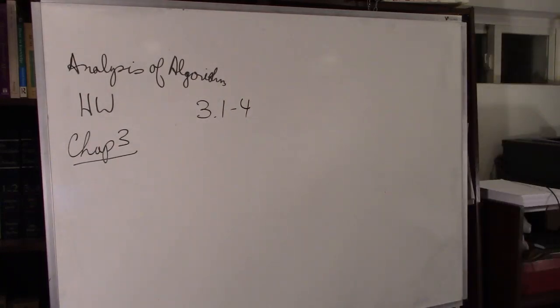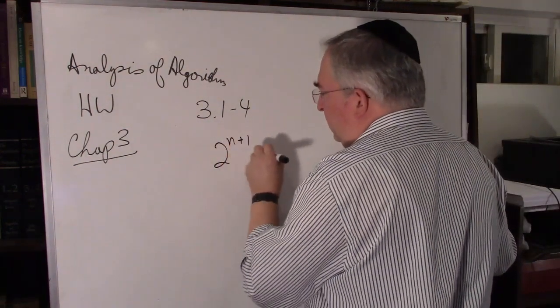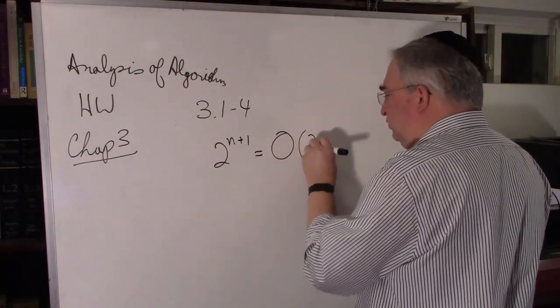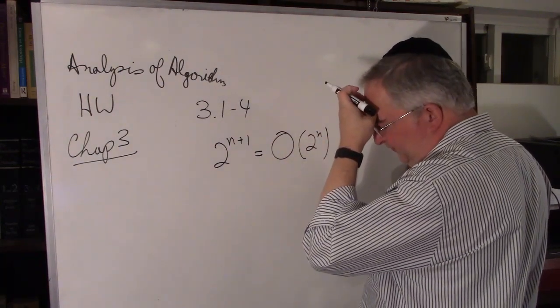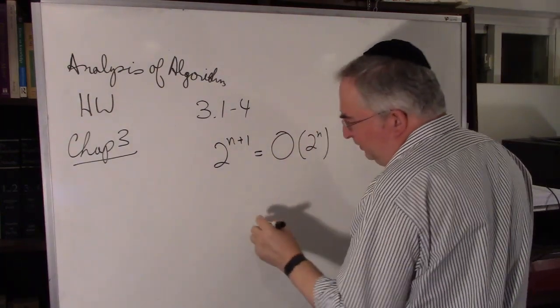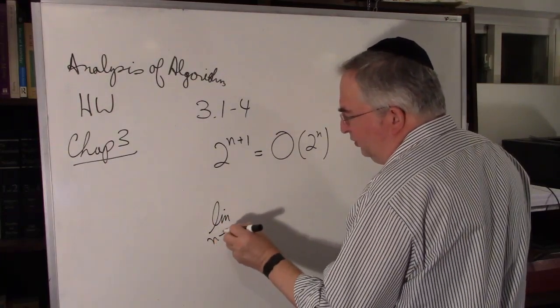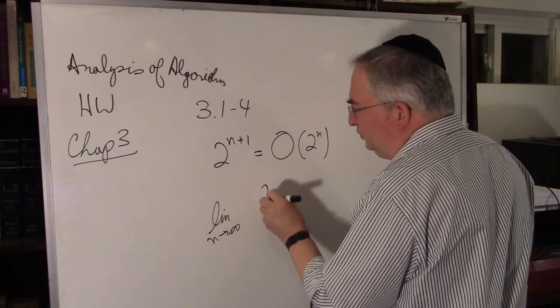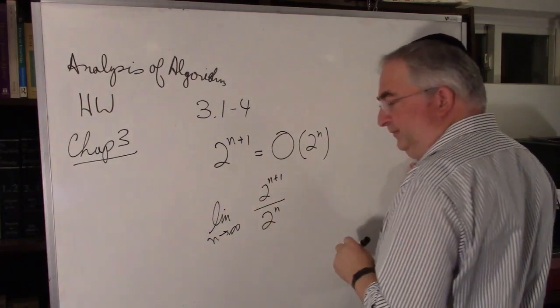Is 2 to the n plus 1 equal to O of 2 to the n? You can do this by just plugging it into the formula. Limit as n goes to infinity of 2 to the n plus 1 divided by 2 to the n.